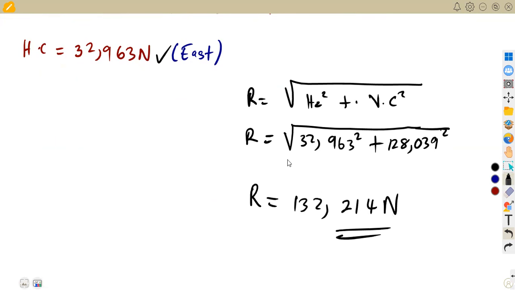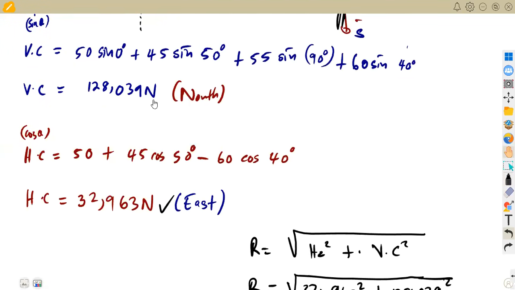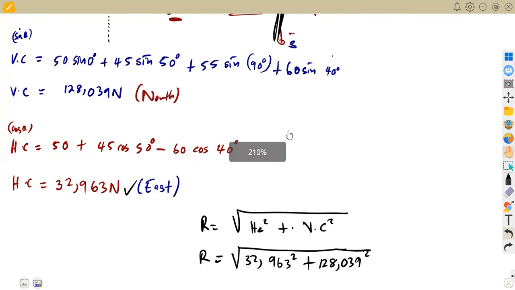We are now having the resultant of what? Of everything. On a consideration that you are supposed to be working with the angle in this case, you are supposed to indicate or work with the diagram now. So you have to consider to say this is to the north, this is to the east. So we are going to have our graph diagram in form of this.